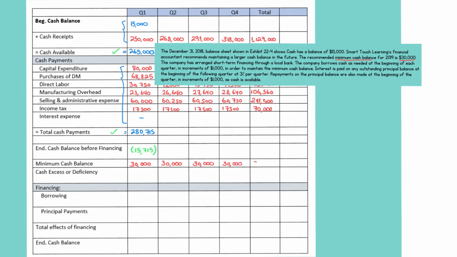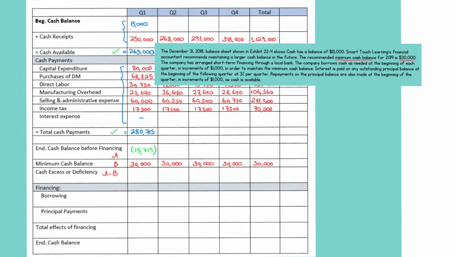So, cash excess or deficiency. What shall I do here? Let's assume that this is A and this is B. Cash excess or deficiency is going to be A less B. Am I above or below the minimum?